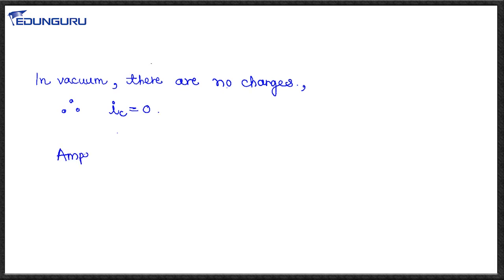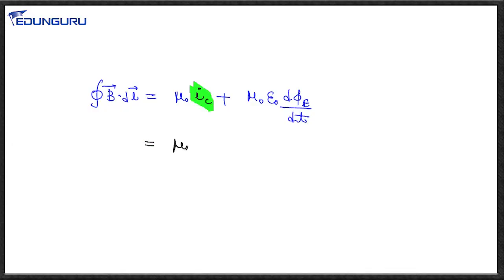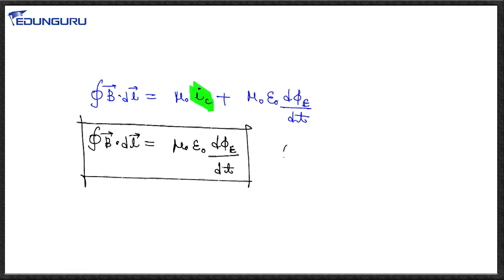Now Ampere's law, which is given as B dot dl equal to mu naught IC plus mu naught epsilon naught d phi E by dt, since IC is 0, reduces to B dot dl equal to mu naught epsilon naught d phi E by dt, in vacuum.